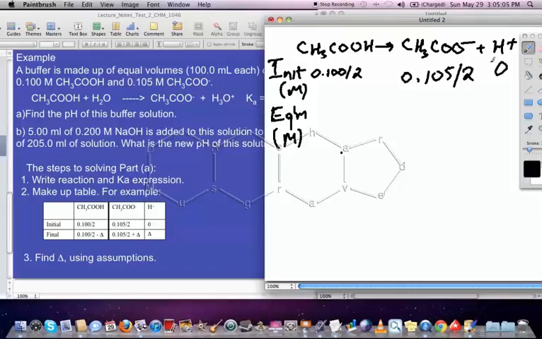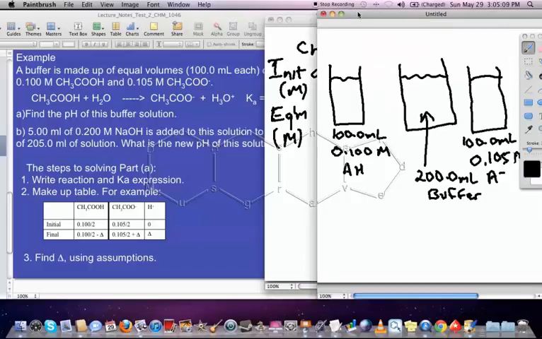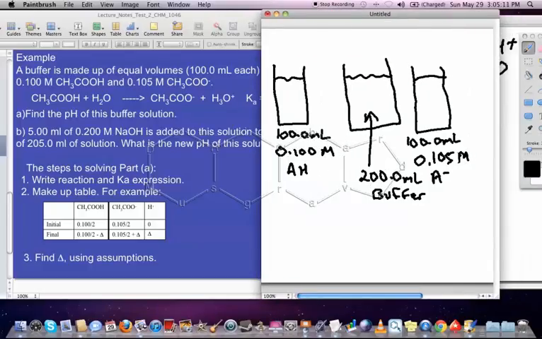Now let me explain where the divided by 2 business comes in. What we've got initially are 100.0 mL of 0.100 molar AH, and we're mixing it with 100.0 mL of 0.105 molar A-. When we mix them together, that doubles the volume of the solution.